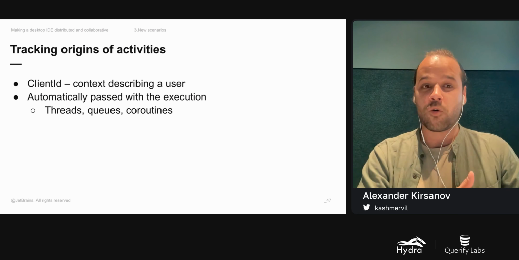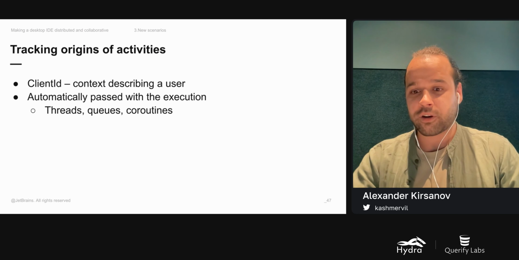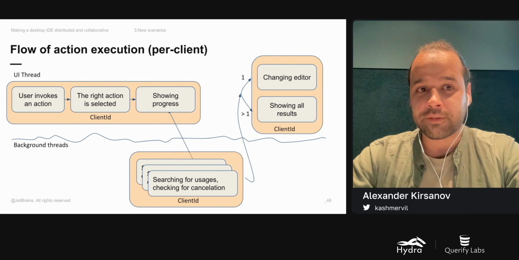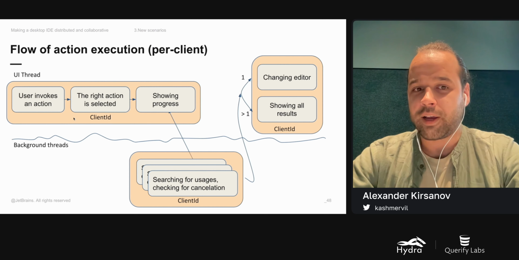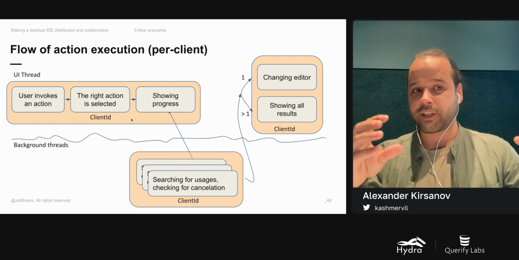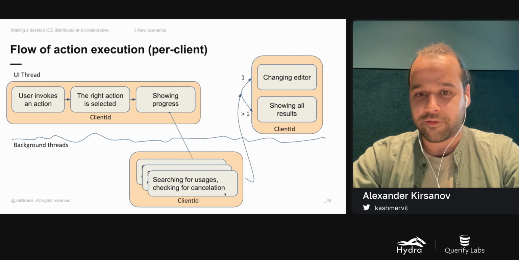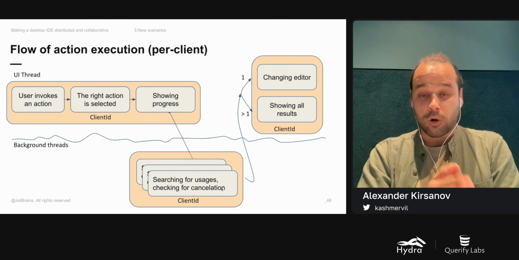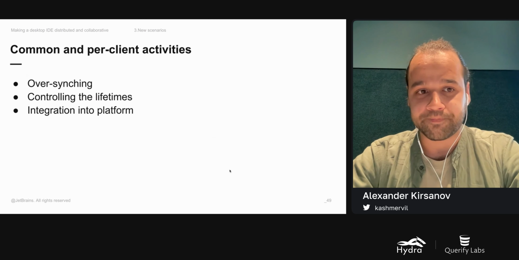And it defines the scope of a certain operation which was initiated by the user. And the flow that we saw here looks like this, with the client ID covering all the important stages of that execution. So you will actually be able to tell at all points of that workflow who exactly initiated that.